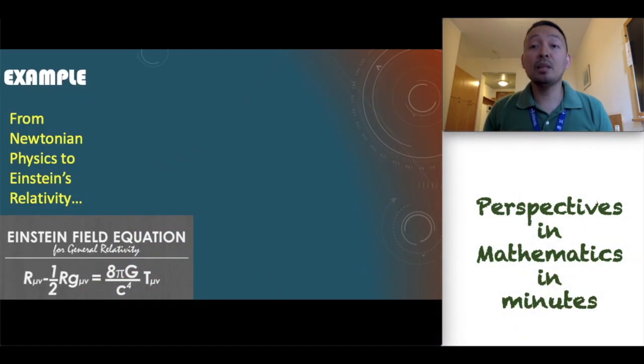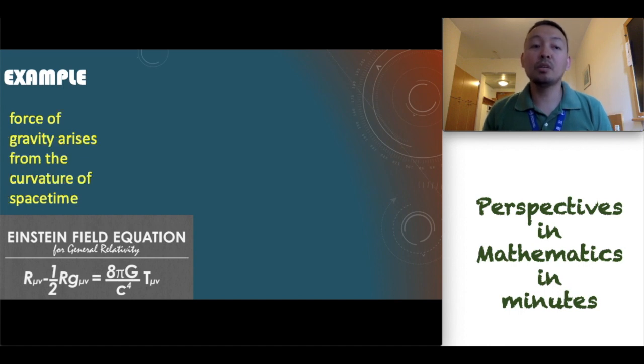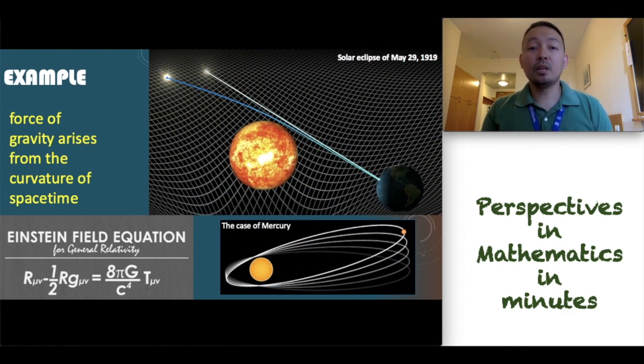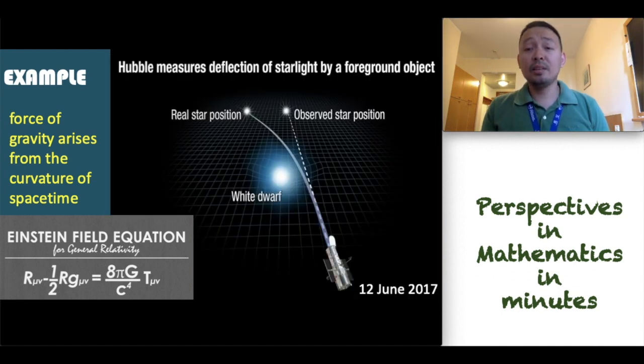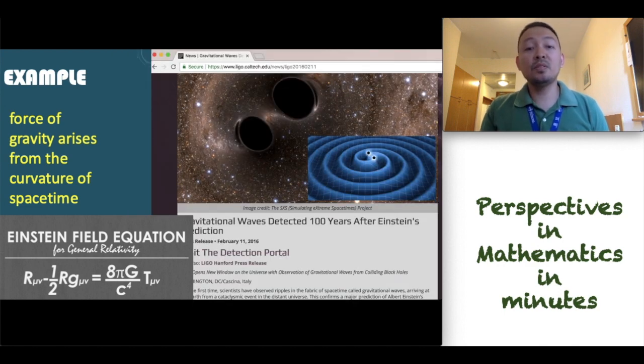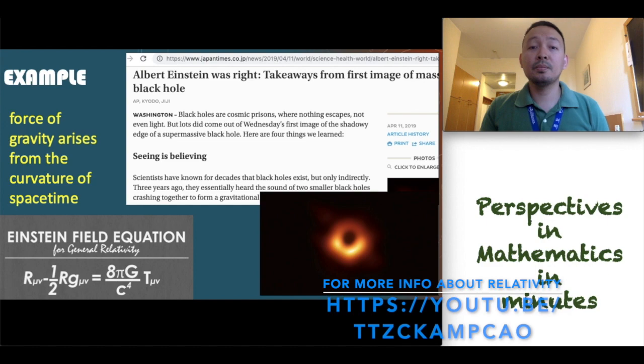Einstein created a mathematical model of a physical system. This model is about the force of gravity arising from the curvature of space-time. The theory of relativity of Einstein has undergone many tests. And until today, tests are being conducted, including the gravitational wave detected in 2016 and the first image of a black hole.